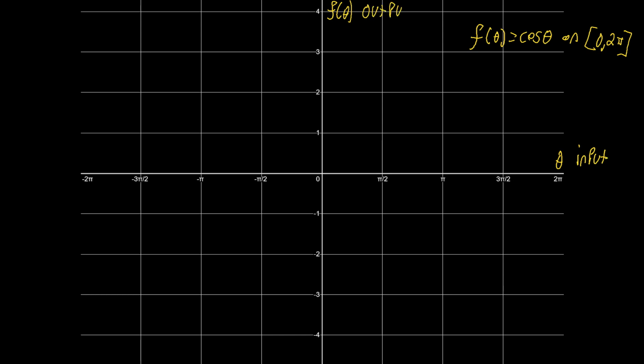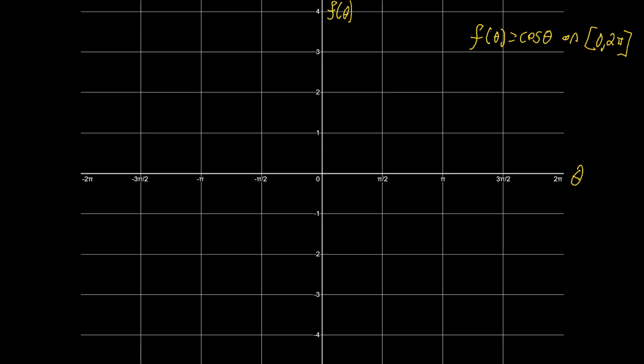And remember, what these functions, cosine and sine, give you are the corresponding x and y coordinates on the unit circle, respectively. Cosine gives x, sine gives y. So the output of cosine is always going to be the x coordinate from the circle. So when we graph this whole thing, it's going to end up being the x coordinates graphed.